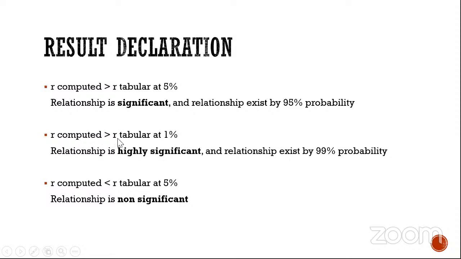If R computed is greater than R tabular at 1%, that means the relationship is highly significant, and the relationship exists with 99% probability, and only 1% there is an error. If R computed is less than R tabular at 5%, that means there is no correlation between the two variables.